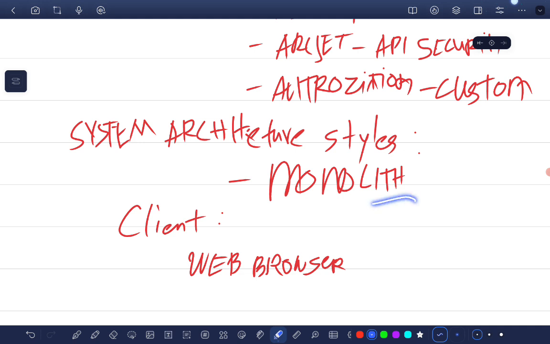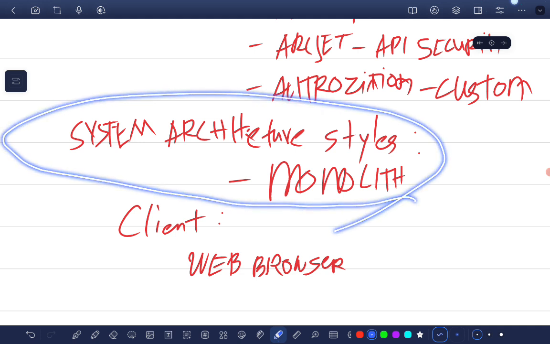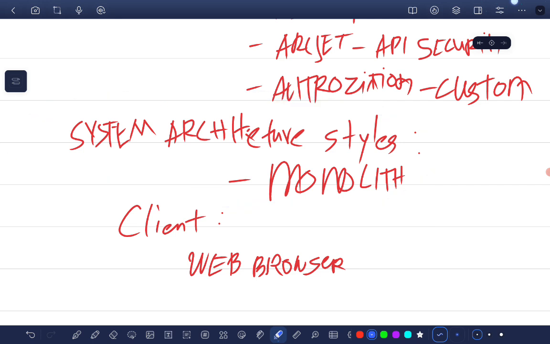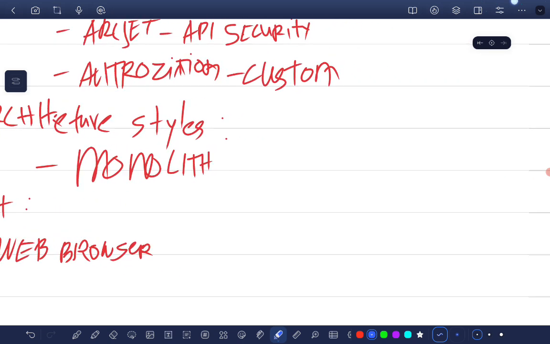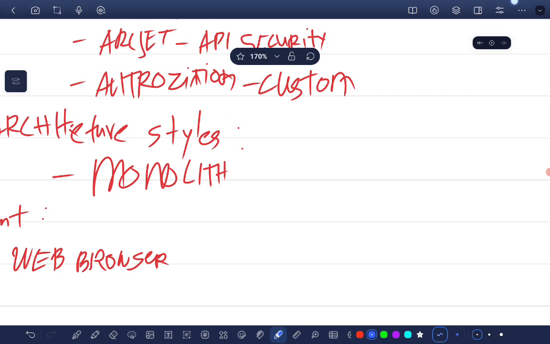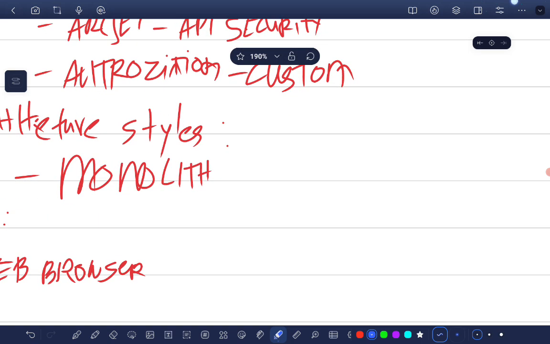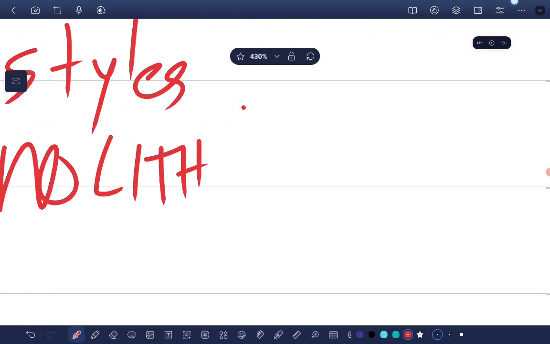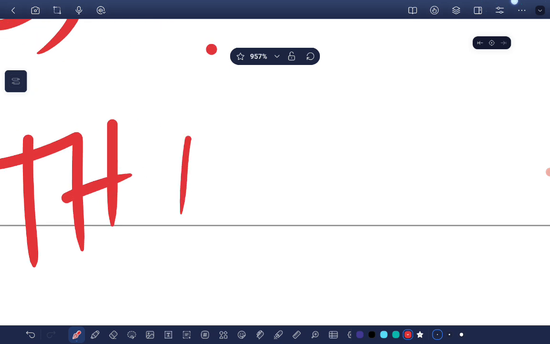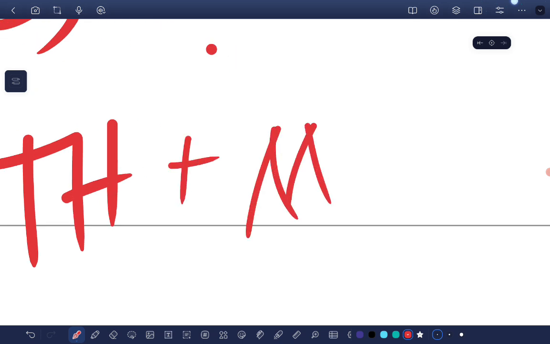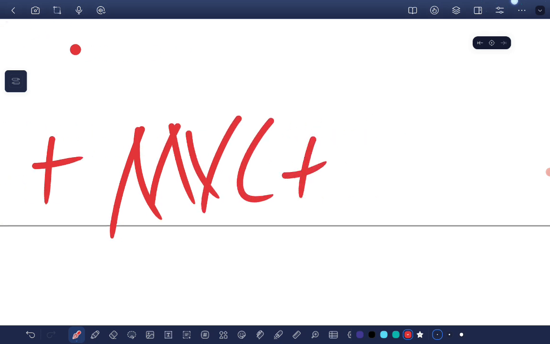Architecture style is pretty much how the system will look, how it will be managed, how it is structured. That's it. Let's say in Laravel, the architectural structure is, I will add that here, monolith, MVC, plus layered.